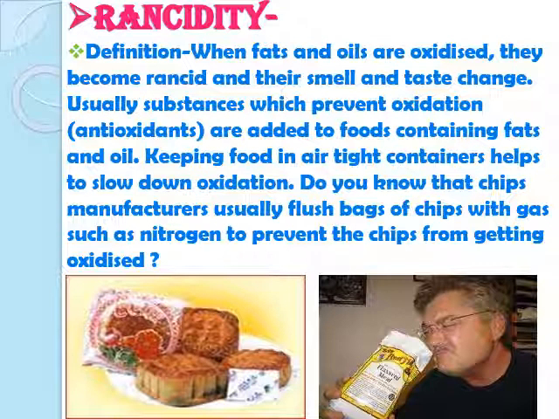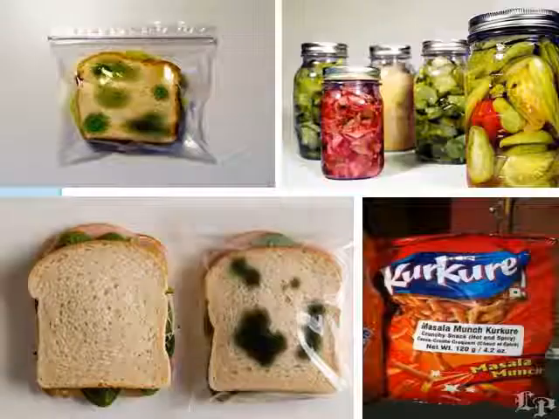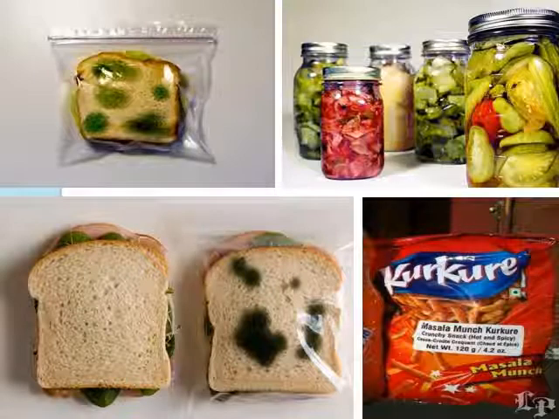For example, chip manufacturers usually flush bags of chips with a gas such as nitrogen to prevent the chips from getting oxidized. These are pictorial presentations of how manufacturers delay oxidation.